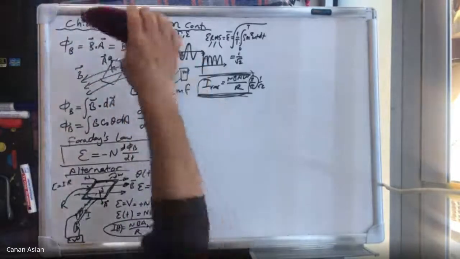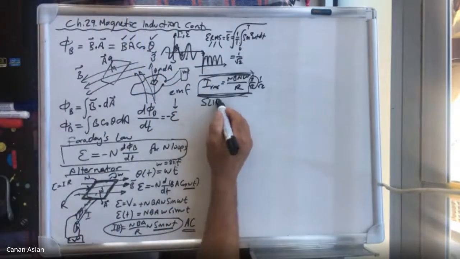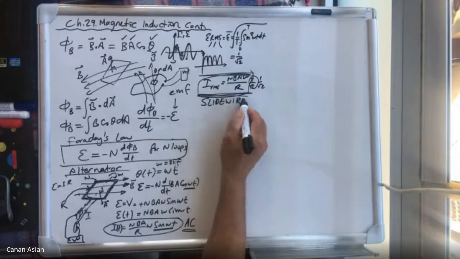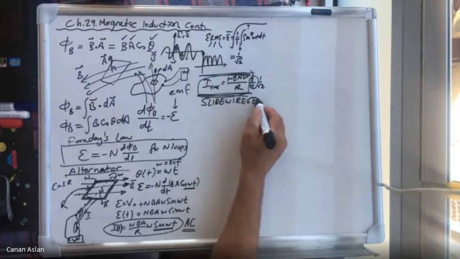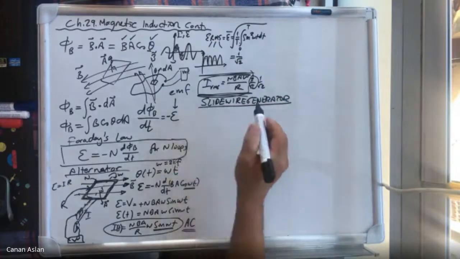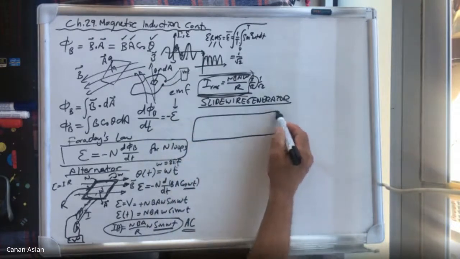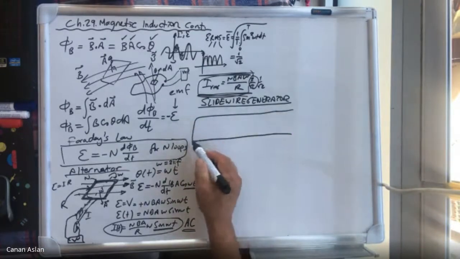Now we will continue to the slide wire generator. And this is the rail that we have here. So this is a long rail of wire.